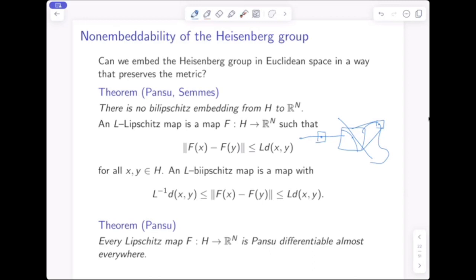Therefore, if you have a Lipschitz map from the Heisenberg group to Rn, it has to be locally approximable by homomorphisms, by maps that collapse the vertical direction. And so the map has to collapse the vertical direction. It squashes the distances between vertically separated points. It fails to be a bi-Lipschitz map. Is this okay so far?